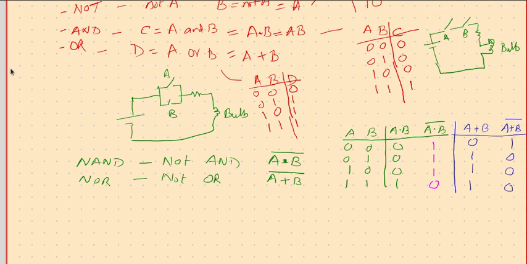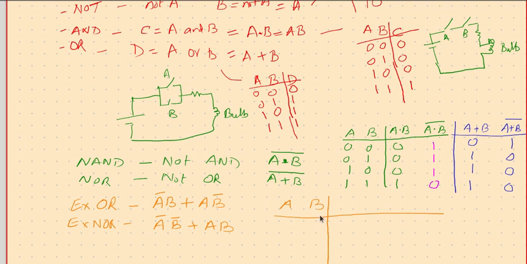Then we have some more interesting operations which we call exclusive OR, which is represented as A bar B or A B bar, and exclusive NOR, which is A bar B bar or A B. So if you want to look at this in truth table form, A B: 0 0, 0 1, 1 0, 1 1, four options are there.